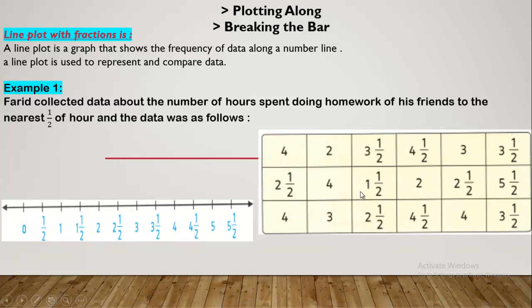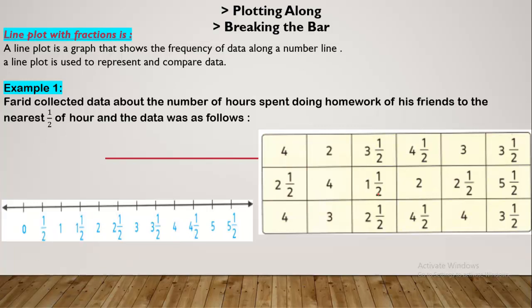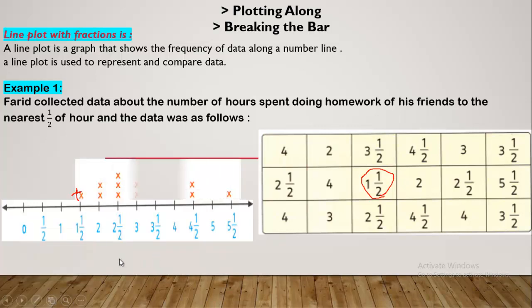We have here the list. The smallest number here is 1.5. Repeated how many times? Okay, I will mark it. 1.5 is repeated one time. There does not exist another 1.5 here, so we have 1.5 here, 1x, and we can represent it.